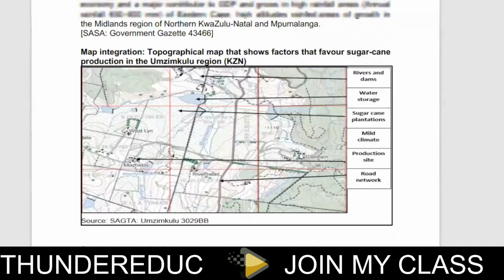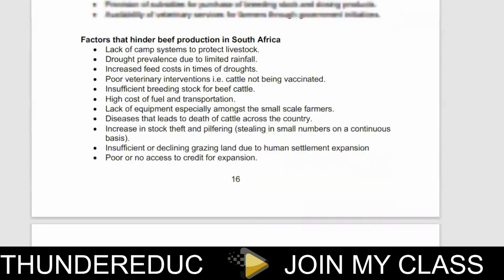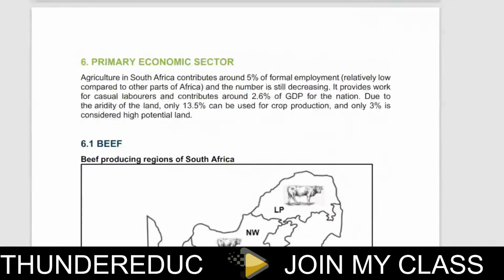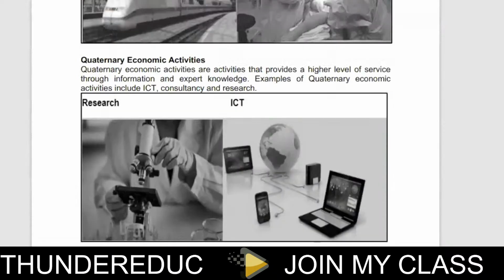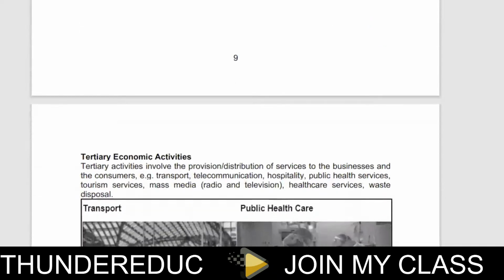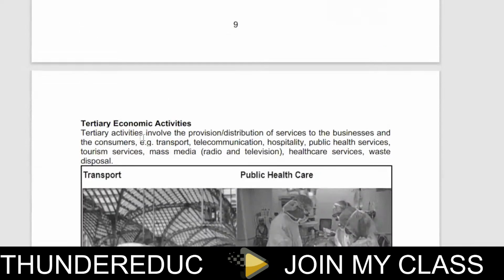When you look at the tertiary activity, we are basically focusing on that activity that deals with the provision of a service. If you have looked at this as secondary, then we go to tertiary, meaning the activities that involve provision or distribution of what? Of services to businesses, to consumers, etc.